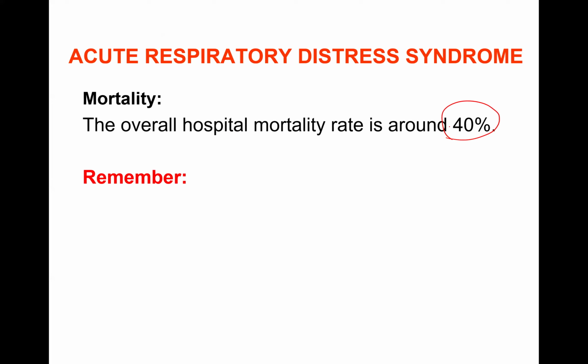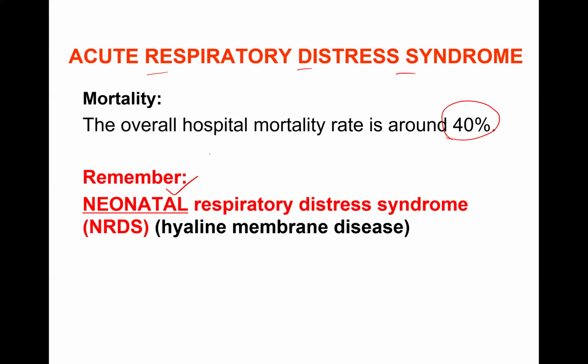But now remember there is another type of respiratory distress syndrome that happens in neonates, especially reserved for newborn babies. That is called neonatal respiratory distress syndrome, also known as hyaline membrane disease.